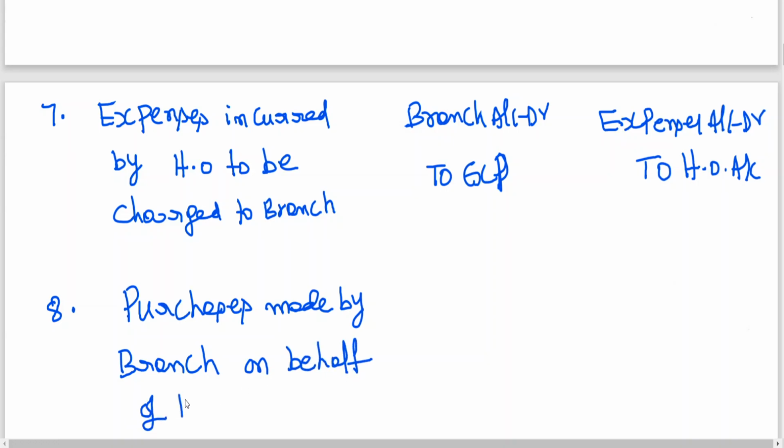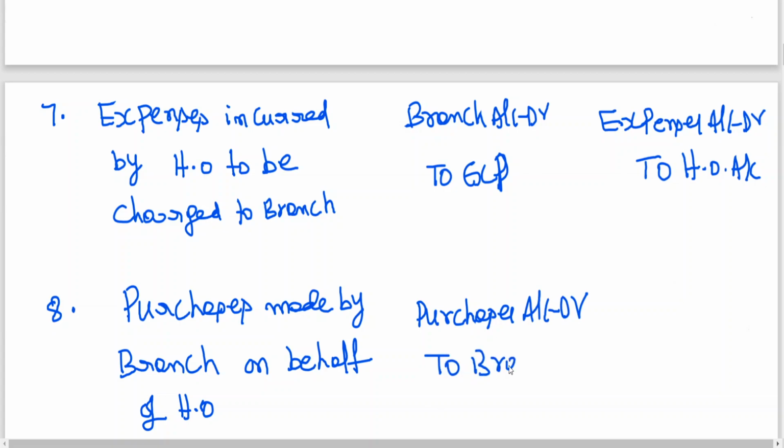Say there are some goods which are very famous, where branch is operating their activities. So head office needs, they will be asking, inspecting the branch, buy the goods which are required for head office. So purchase made by branch on behalf of head office. They will be debiting purchases. Since they have not made the payment, but who has made the payment? Concerned branch. We credit concerned branch.